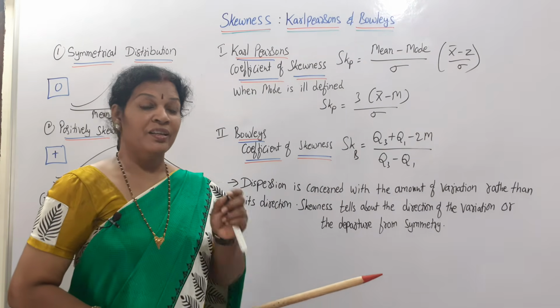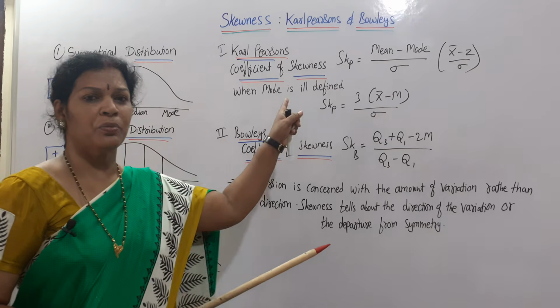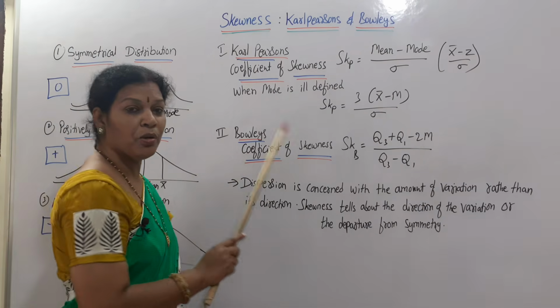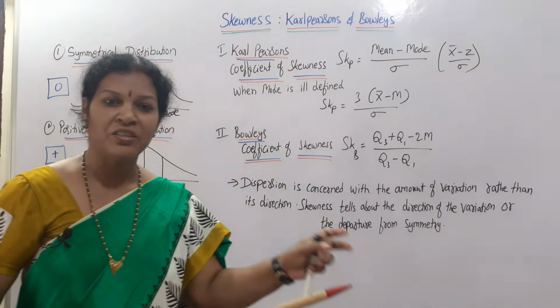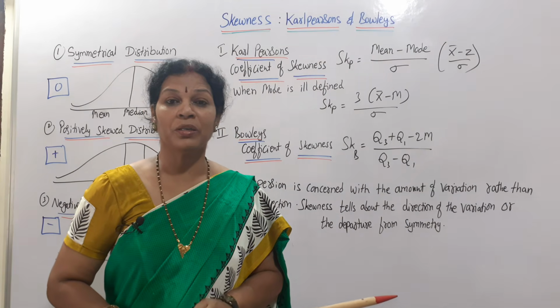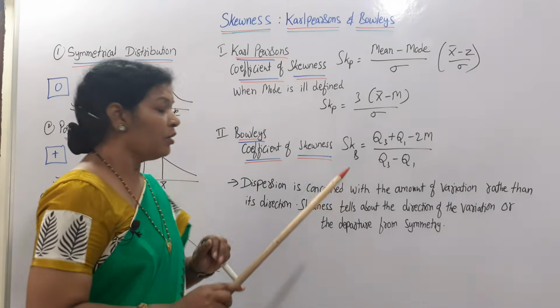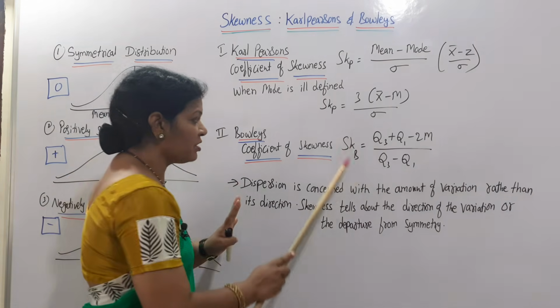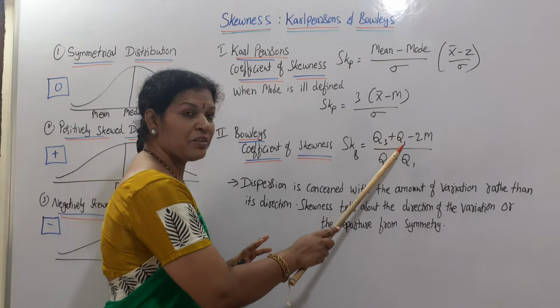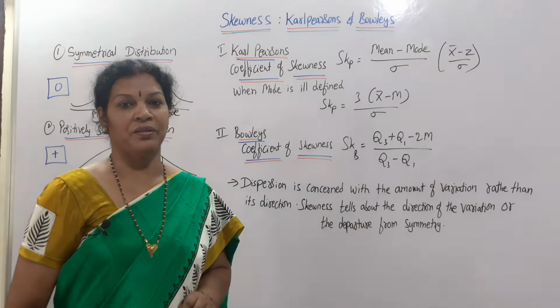Second one, Bowley's skewness. Karl Pearson's is over. How do you know Bowley's skewness? It is mainly based on the quartiles and median. How many quartiles do we have? Q1 and Q3, quartile 1 and quartile 3. Based on these, the formula is Q3 plus Q1 minus 2 median by Q3 minus Q1.